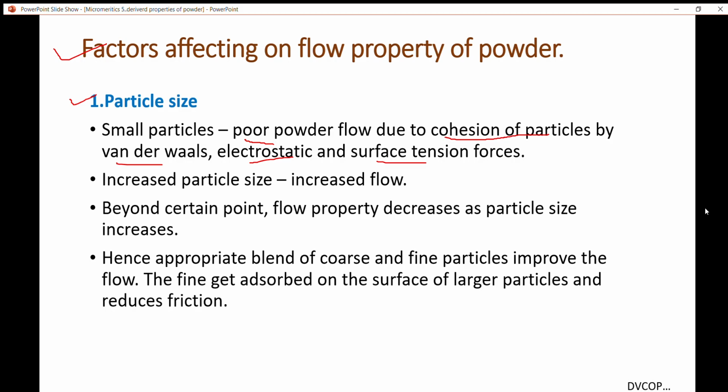As we increase the particle size, the flow property also increases, but beyond a certain limit, the flow property decreases as the particle size increases. Hence an appropriate blend of coarse and fine particles improves the flow, because the fines get adsorbed on the surface of the larger particles and reduce the friction.